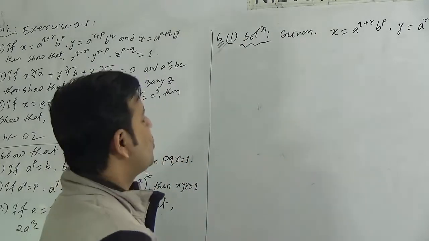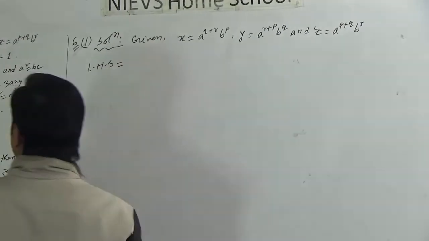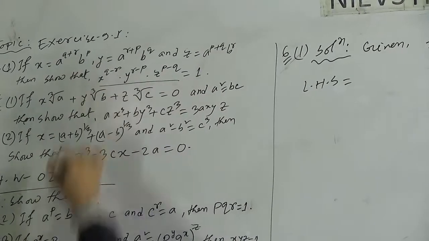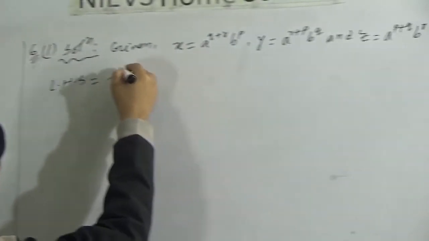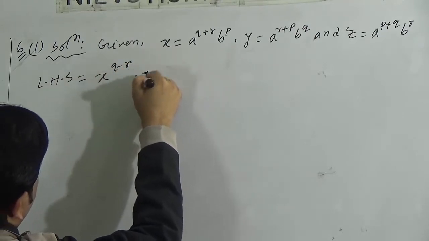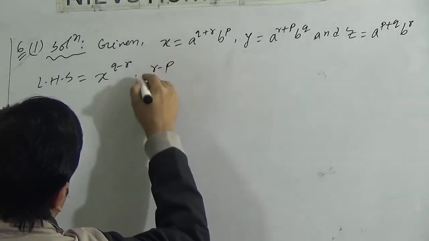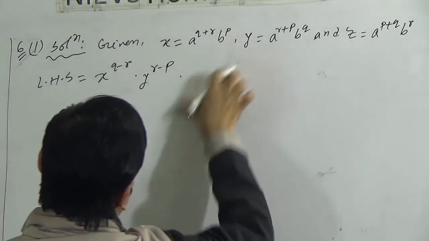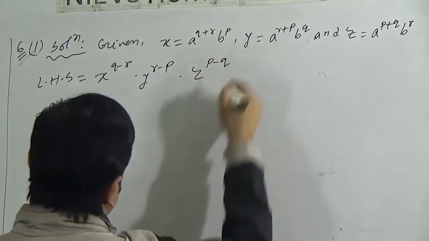Now as we need to show, we can write the left hand side here. What is the left hand side? Look at here, left hand side is x to the power q minus r into y to the power r minus p into z to the power p minus q. So we can write x to the power q minus r into y to the power r minus p into z to the power p minus q, that is equal to 1.